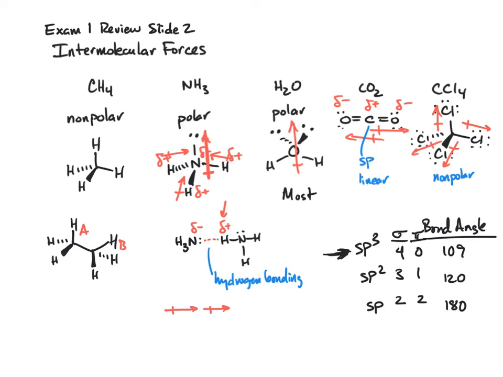If you look at room temperature, methane, ammonia, and CO2 are gases. Carbon tetrachloride is a liquid at room temperature, so that would be the next one down. If we were ranking these increasing, this would be 5, this would be 4.